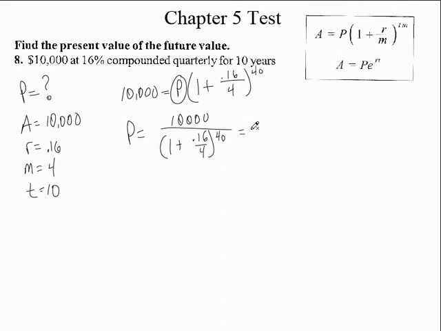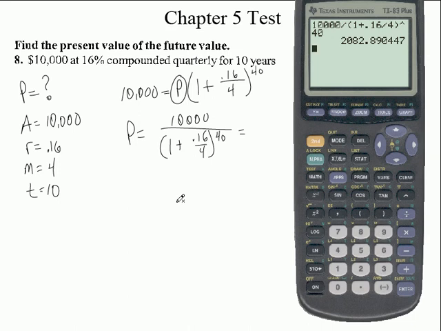To the 40. Alright, plug that into a calculator. Okay, just to save some time, I already did it, and there it is. It's 10,000 divided by, put a parentheses when you're going to put all this stuff in here, 1 plus 0.16 divided by 4 right there, close the parentheses, take that to the 40th power, so that up arrow caret thing is the exponent up to the 40th, hit enter, and there you go.